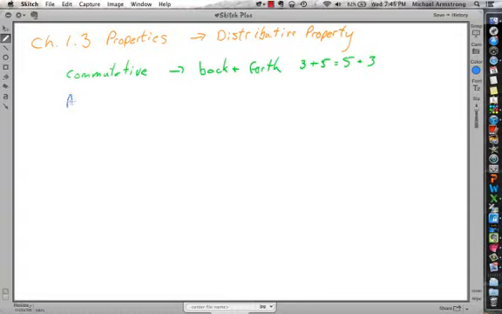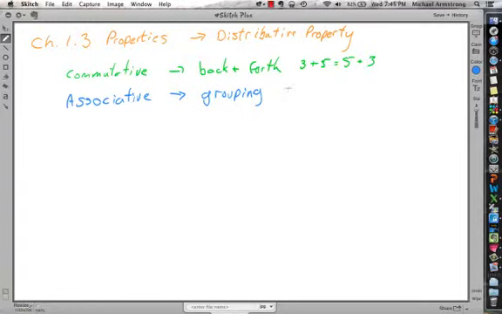Then we did the associative property. The associative property is a little bit different. It had to do with like your friend groups or your grouping or parentheses. Grouping. The way things are grouped together.